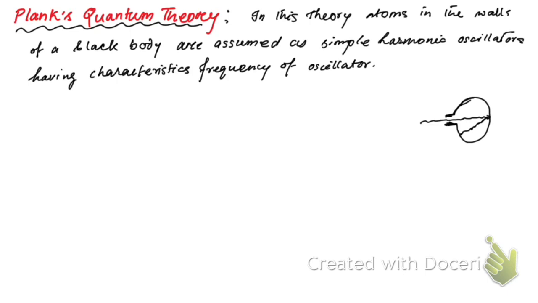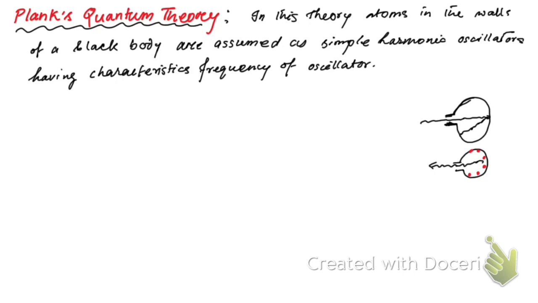First it absorbs, and due to the absorption of light, temperature is raised, and then it starts radiating energy. Here it is considered that the atoms in the walls of this black body are simple harmonic oscillators.